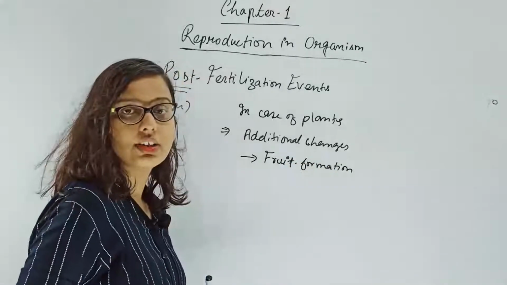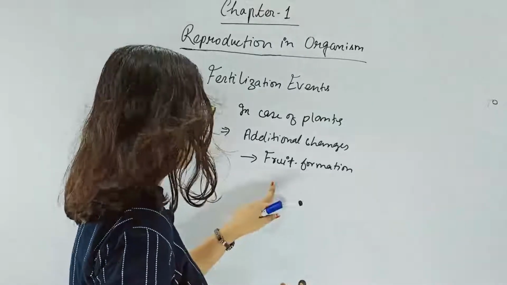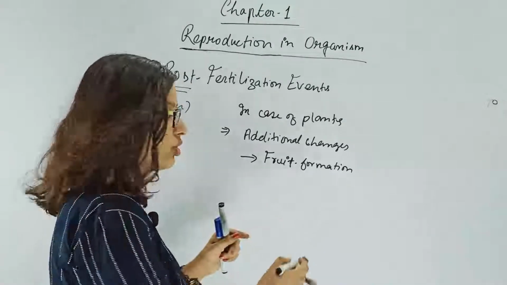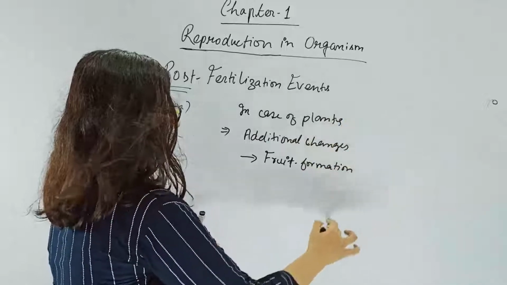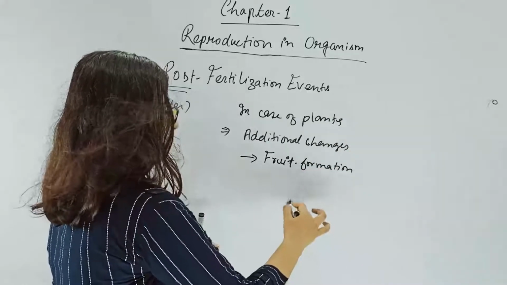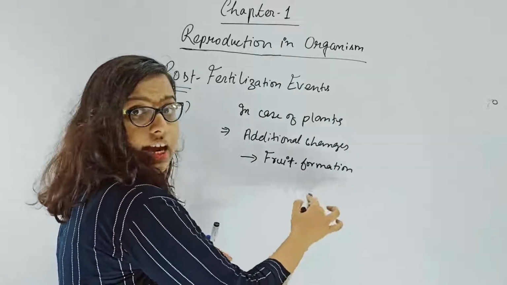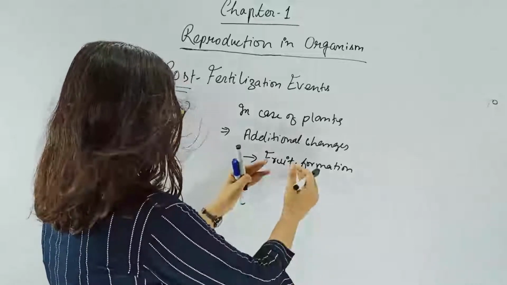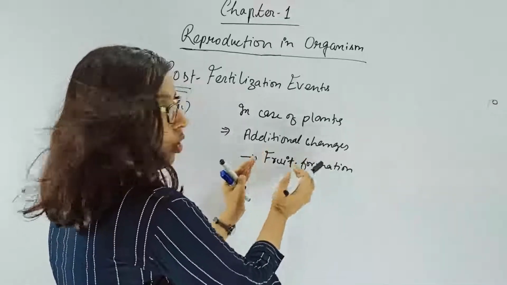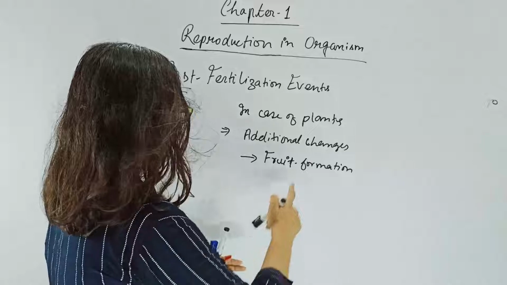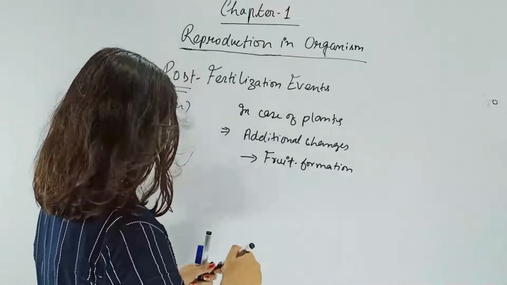So fruit formation, from where is the fruit formed? In the fertilization, you saw that the male gamete was coming to fuse with the egg inside the ovule. So that ovule was inside the ovary. So fruit is formed from ovary.